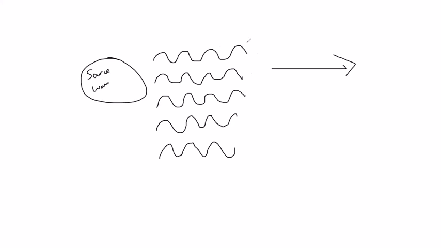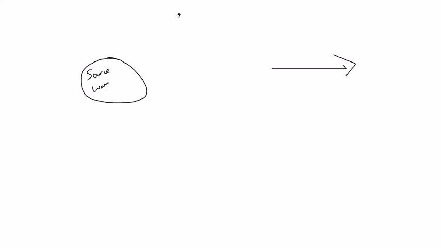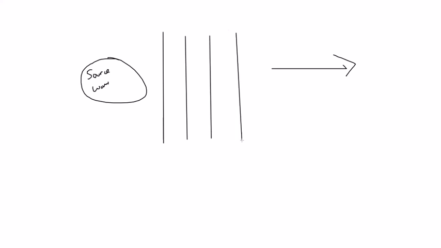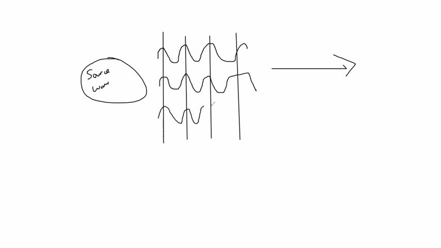So for our convenience, instead of drawing the waves, we draw a wave front, which is easy to represent the wave. So basically, what are wave fronts? They represent identical points of the wave. Many waves are there, but instead of drawing all the waves, we just draw the wave front.